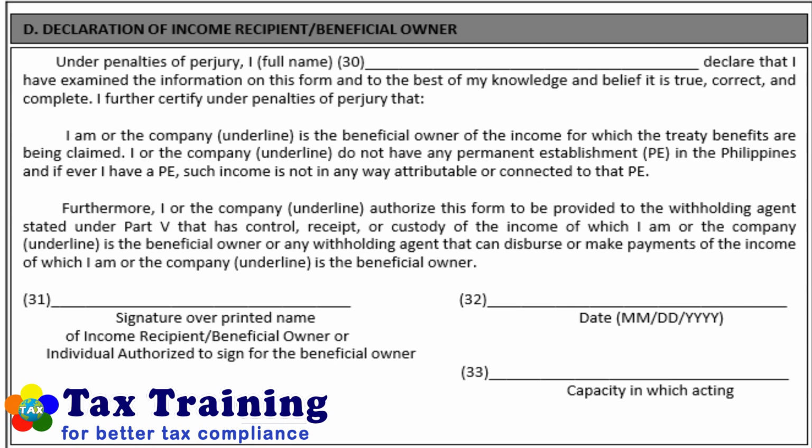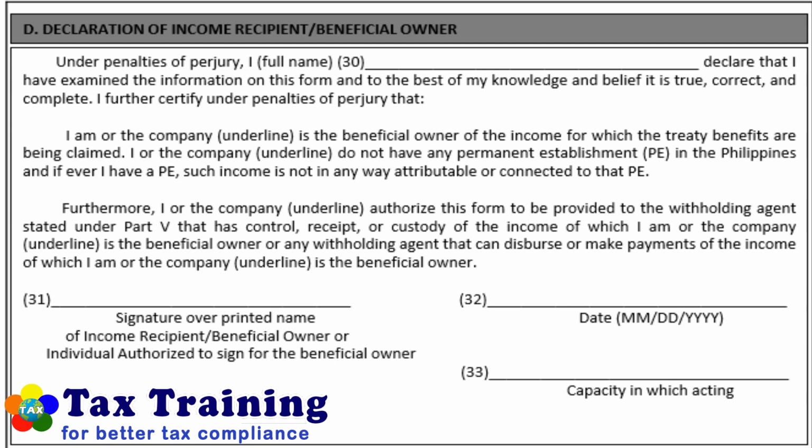Under penalties of perjury, I, rightful name, declare that I have examined the information on this form and to the best of my knowledge and belief, it is true, correct, and complete. I further certify under penalties of perjury that I am or the company is the beneficial owner of the income for which the treaty benefits are being claimed.